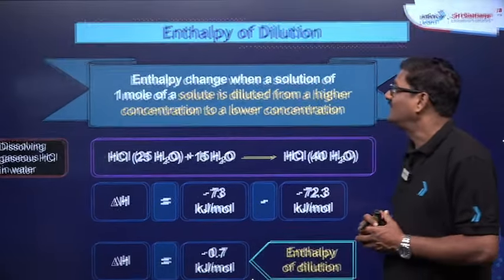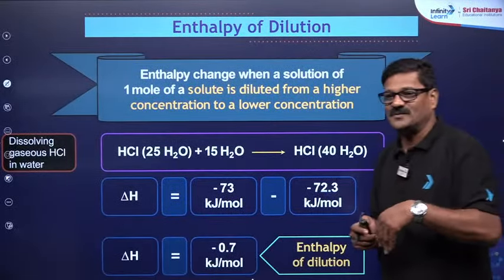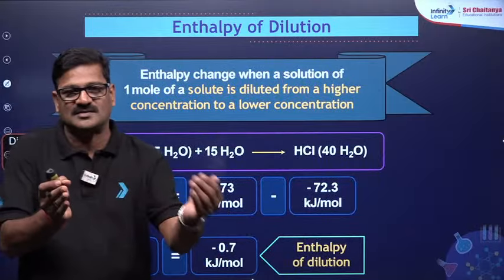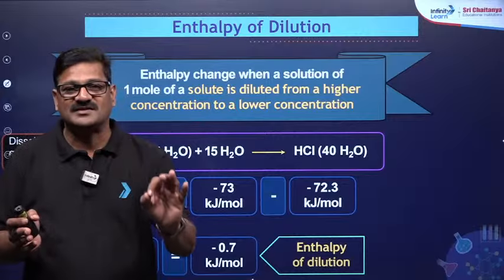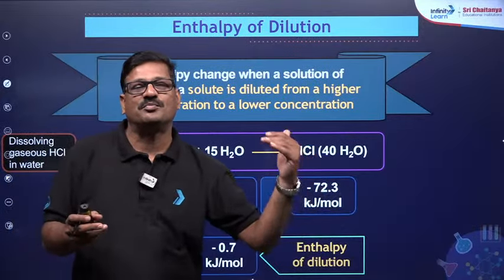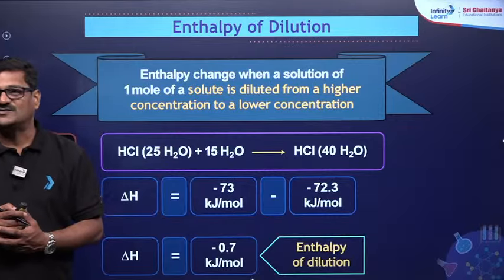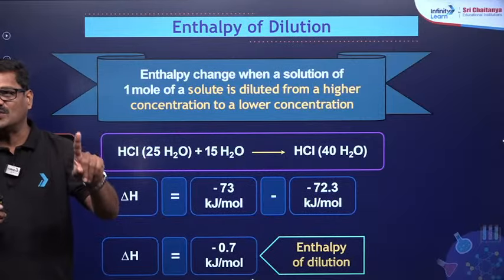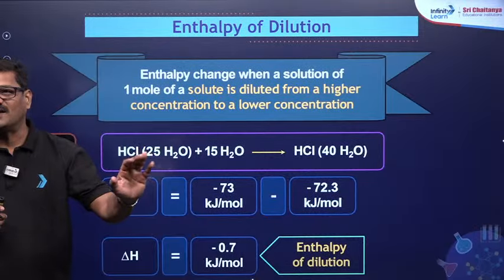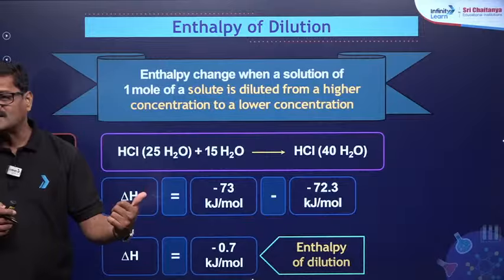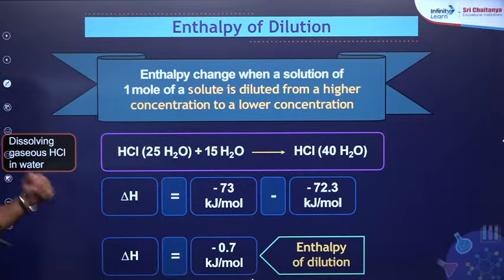Okay, moving ahead, enthalpy of dilution. I mean to say, a fixed concentration solution, when you do a fixed dilution, what you get. The enthalpy change when a solution of 1 mole of a solute is diluted from higher concentration to lower concentration is called enthalpy of dilution.